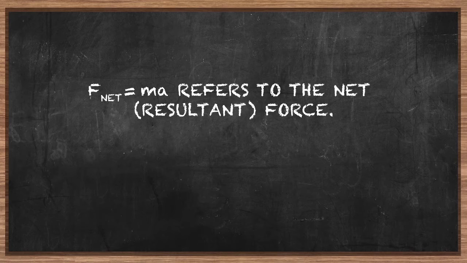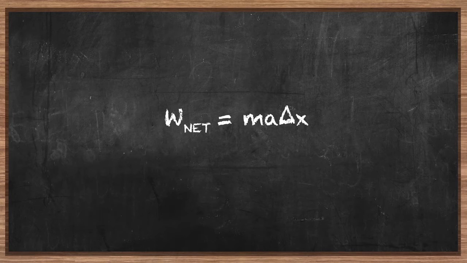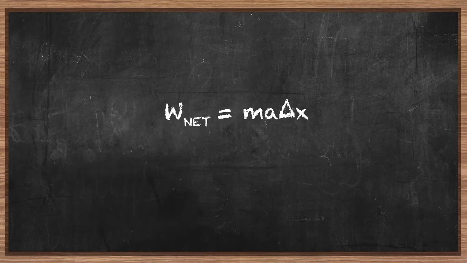There are many instances when we can use the formula F net equals ma to solve problems. Just remember that we are using the net force and calculating net work when we make use of it. Let's continue. We get the net work done is equal to the mass times the product of acceleration and displacement.